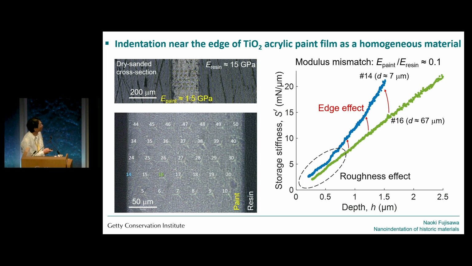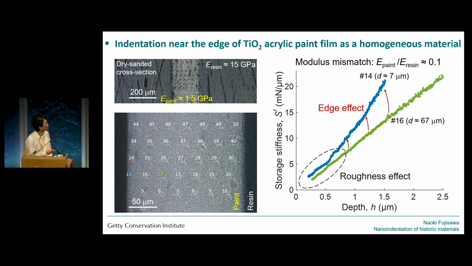And what I'm doing here is to make indents very close to the edge and also away from the edge, and comparing the mechanical response. So what I have here on Y is the stiffness versus depth. When you are indenting a location away from the edge, you have this linear relationship between stiffness and depth.